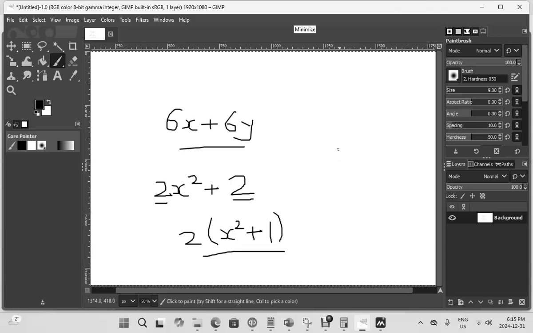Let's look at another example: 3x squared minus 9x.